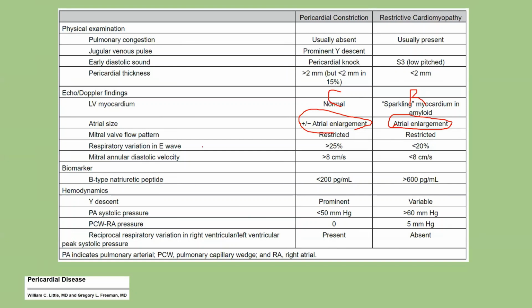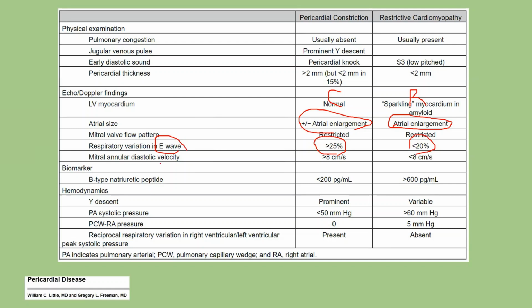Now the mitral flow pattern is restricted in both, so you can have what looks like grade 3/4 diastolic dysfunction in both. So the flow pattern across the mitral valve isn't so discriminatory. Now the respiratory variation in E wave is more significant in constriction than in restriction.